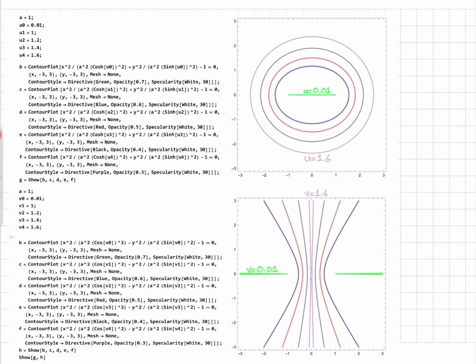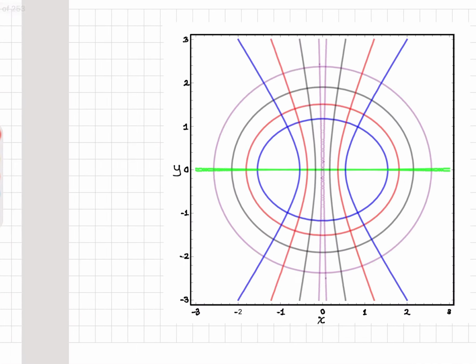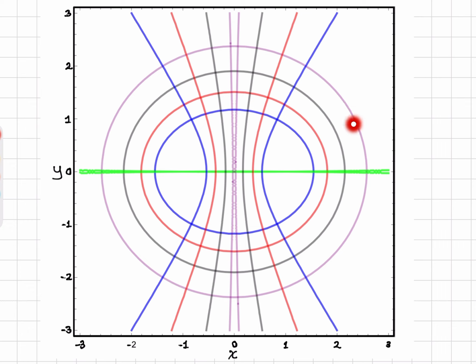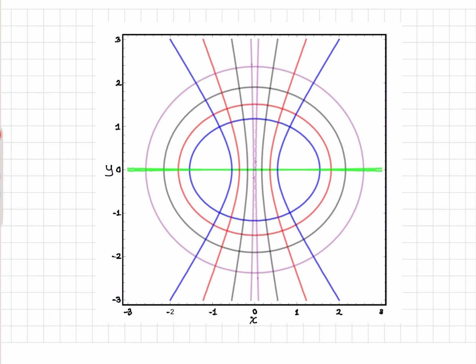And we have the others in between. We can also show them together in a single plot. This is the x-axis, y-axis. So on the xy grid, these are constant u surfaces which are ellipses, and these are constant v surfaces which are the hyperbolas that we have described.